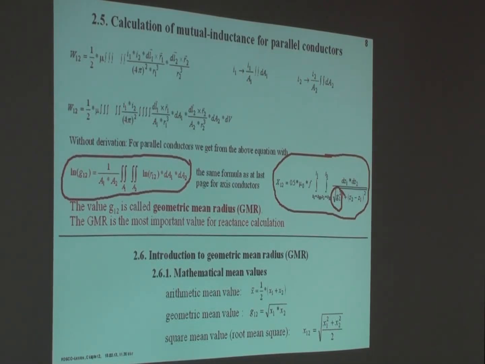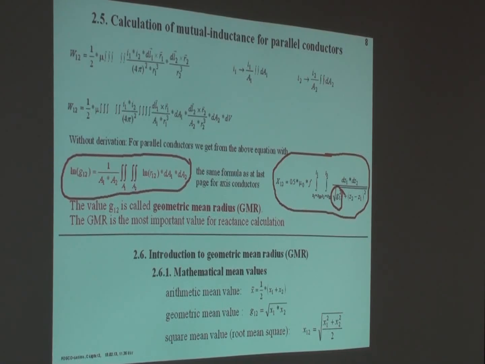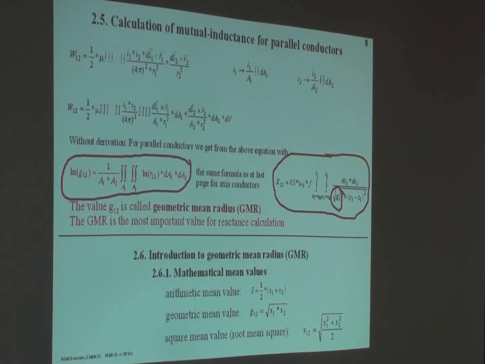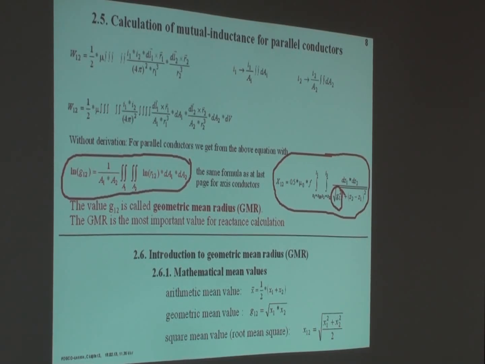And if you have 4 values, you have to multiply, and I always say if x1 and x2 are in meters, this has to be in meters too, and therefore if we have meters times meters times meters times meters, we have to take the root 4.